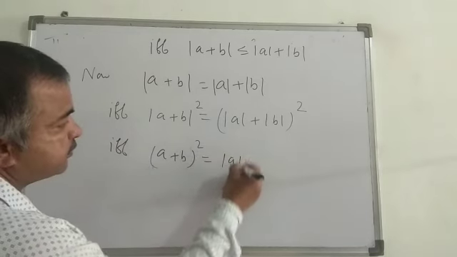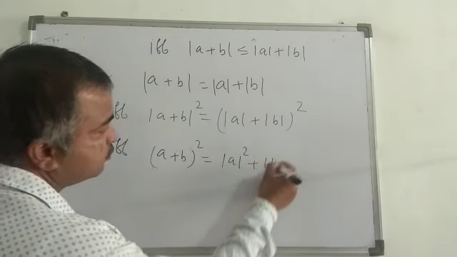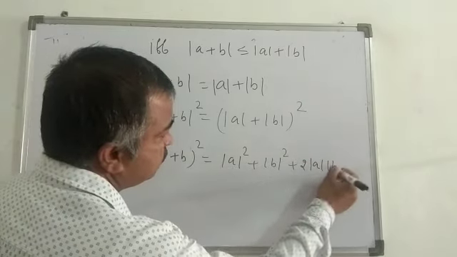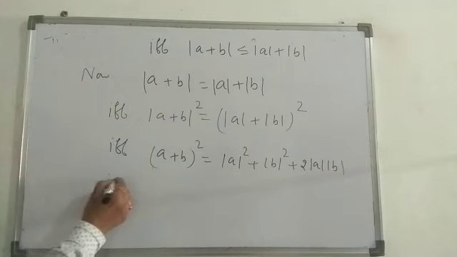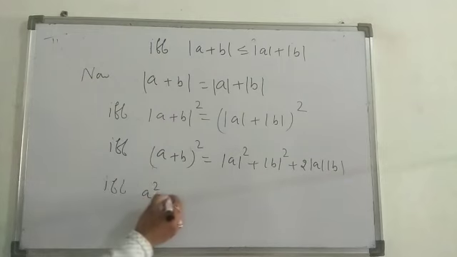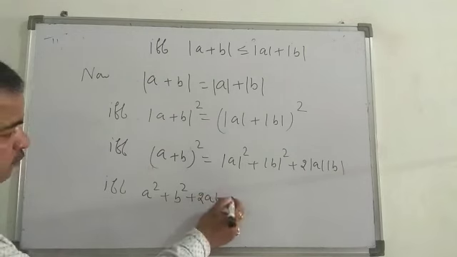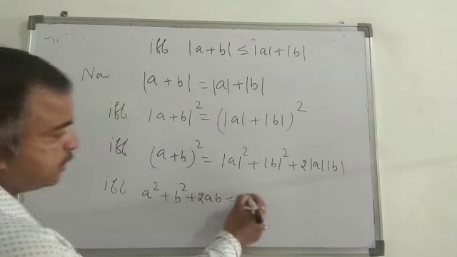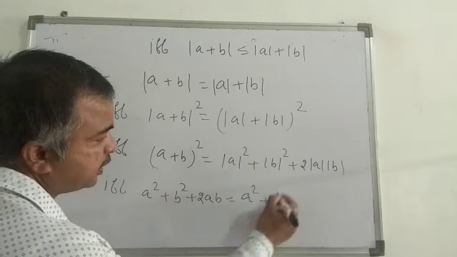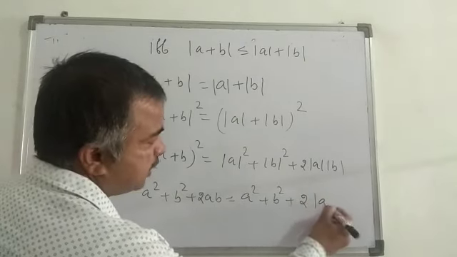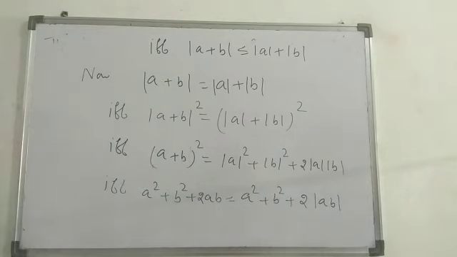So expanding it, if and only if, again |a|² is the same as a² and |b|² is the same as b². And |a||b| is always |ab|.